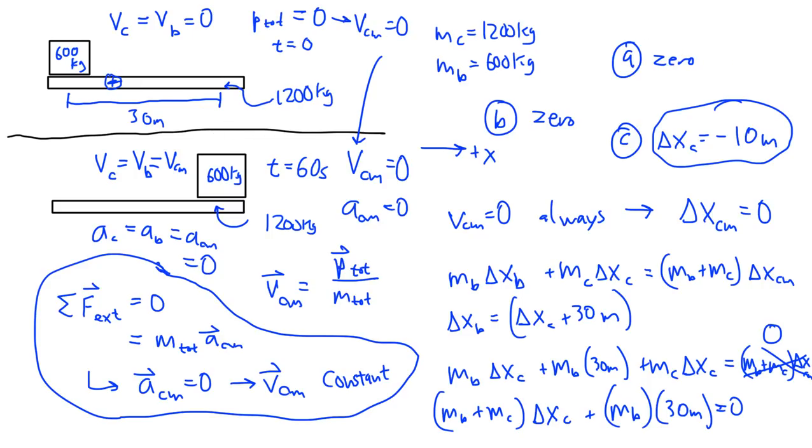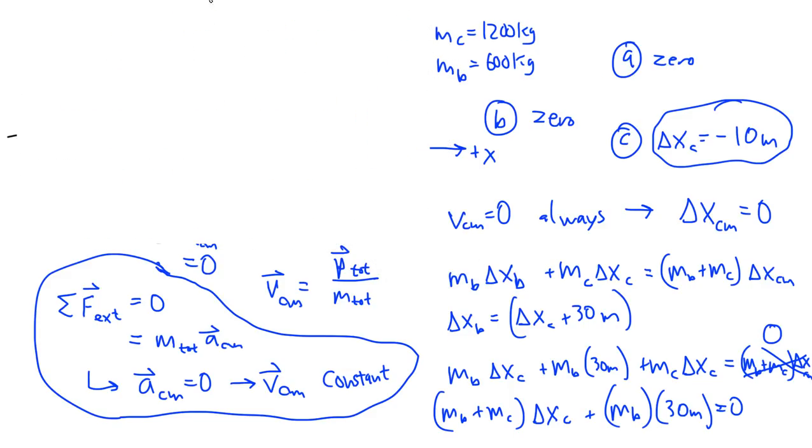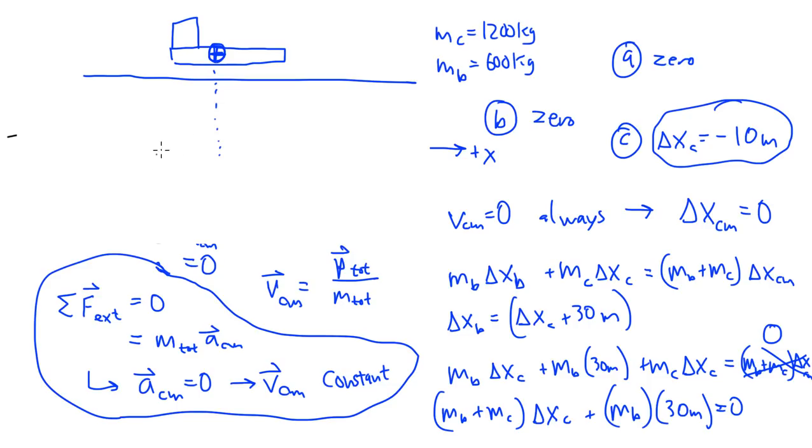Let me just show you what it would look like from the ground, to make this perfectly clear if you're not getting this. Here's the ground. Initially, you have the train car like this and all the balls down at this end, and the center of mass will be roughly right here. Later, the center of mass is at the same spot, but now the train car extends a bit more to the left than it did before.